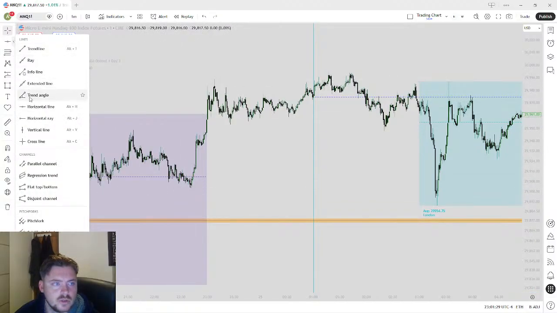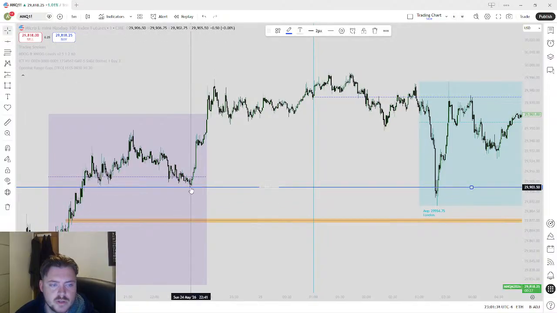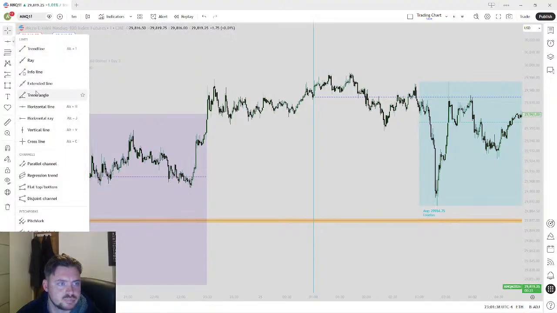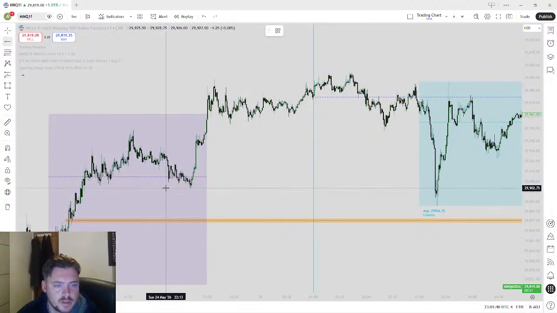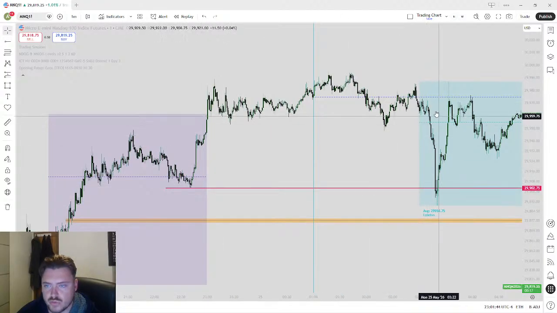So if you go for the horizontal line, even though there's not relatively equal lows here, horizontal ray works better. So this would be my draw on price in this session.